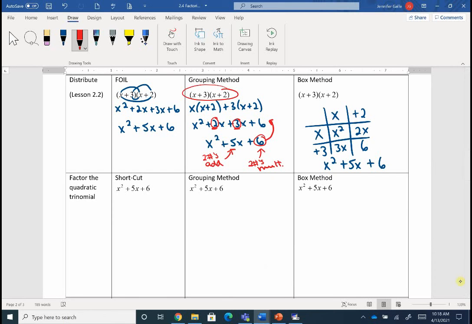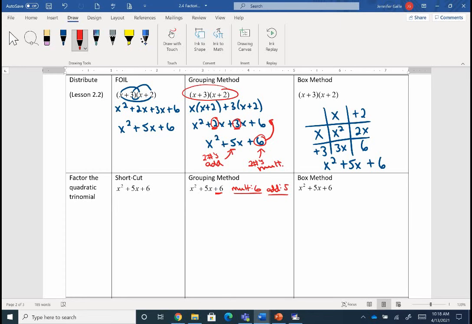So here's our goal. We need to find two numbers that, and actually it's easier if you start this way, two numbers that multiply to give me 6, and they add to give me 5. It's easier to think of the multiplication facts than it is to try to think of the addition.